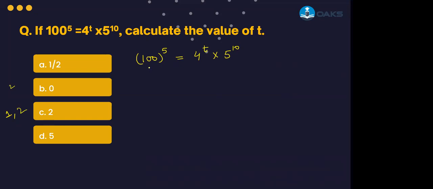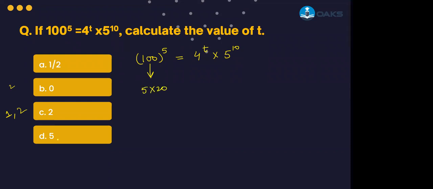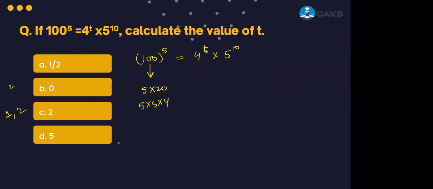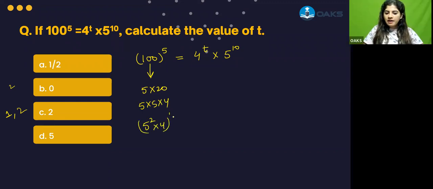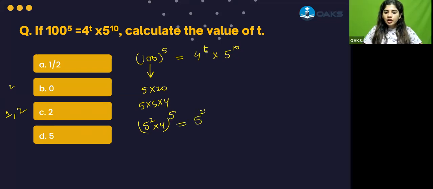See, you can write 100 as 5 into 20, and 20 further as 5 into 4. So we have 5 squared and 4 raised to the power 5 here. Now, according to the law, we have to distribute the power over these. We have 2 into 5 into 4 raised to power 5.